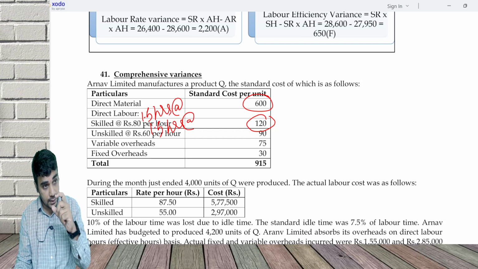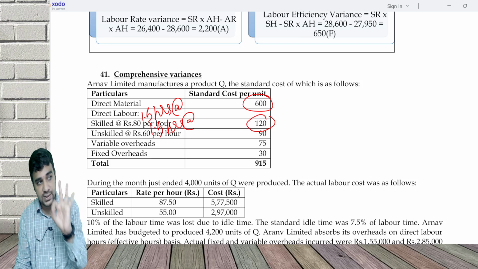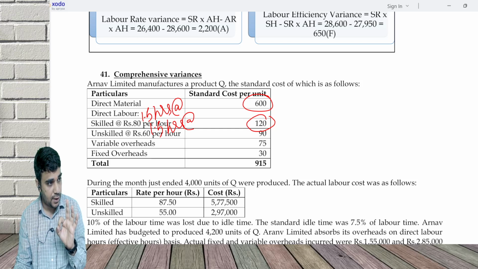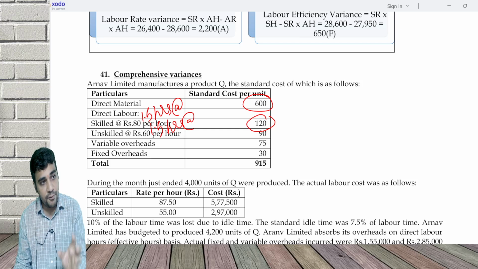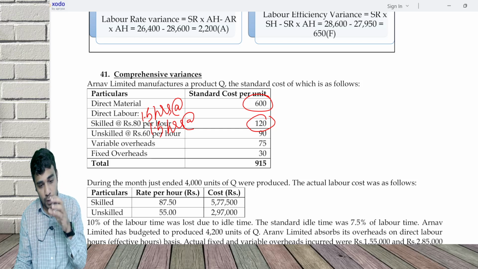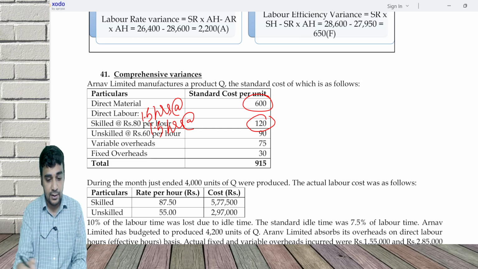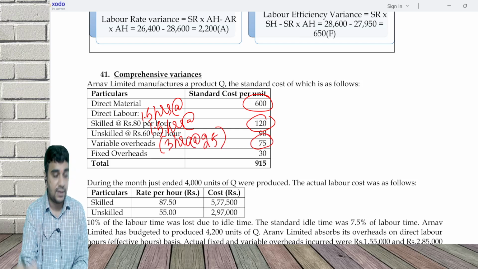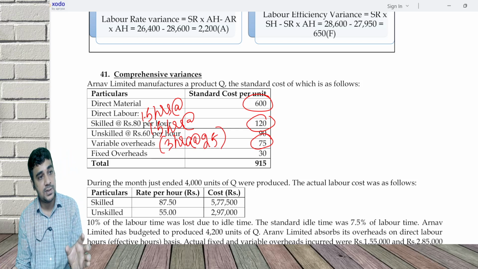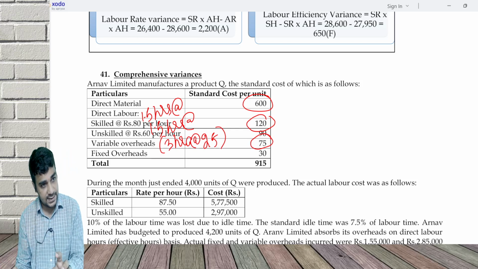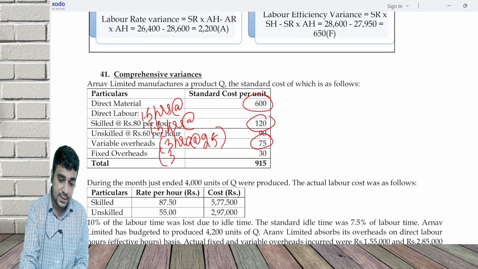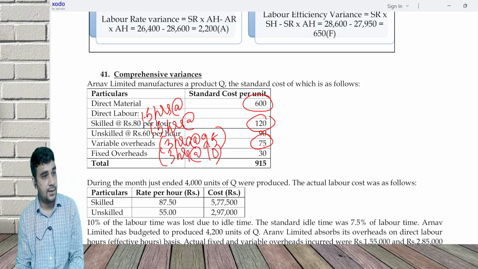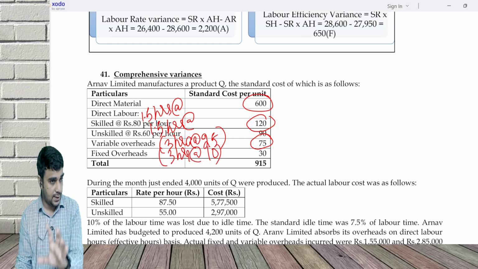Put together, labor hours per unit is 3. 1.5 hours of skilled, 1.5 hours of unskilled, which I can say is 3 hours at 25 per hour. That's how the 75 is given. The breakup is 3 hours at the rate of 25, and 3 hours at the rate of 10, because 30 is given in the question.